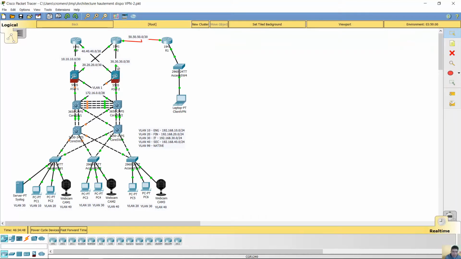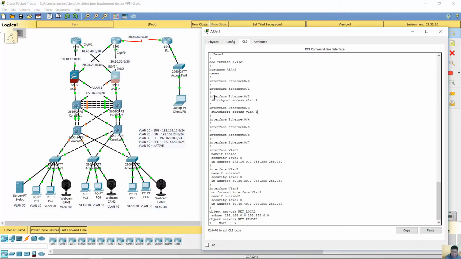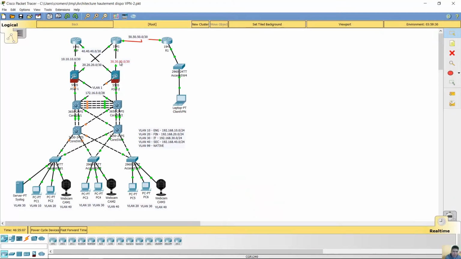Okay, and you have VLAN 2 and Ethernet 2 and Ethernet 3. 2 is included on VLAN 2, 3 is included on VLAN 3. VLAN 2 on network 30 and VLAN 3 on network 40 on this link.